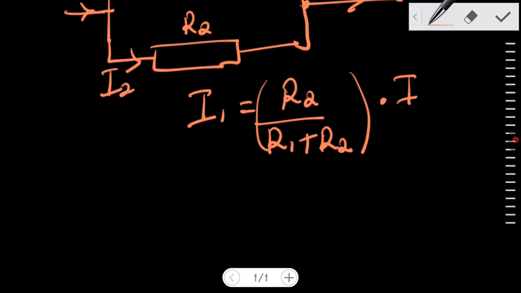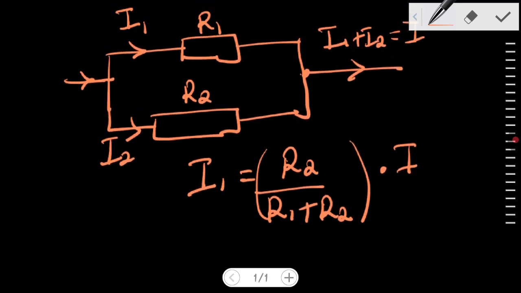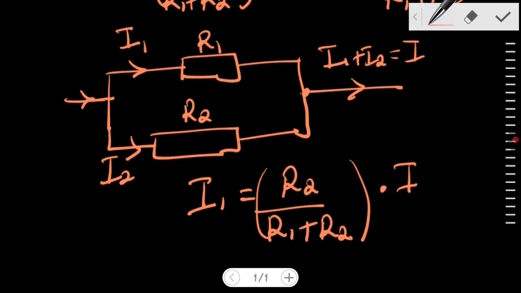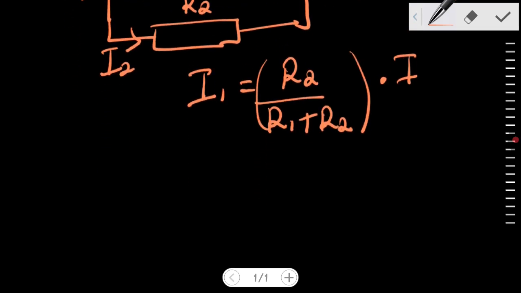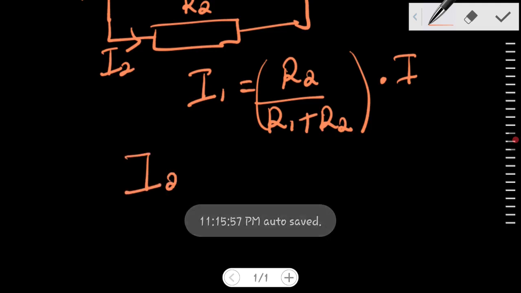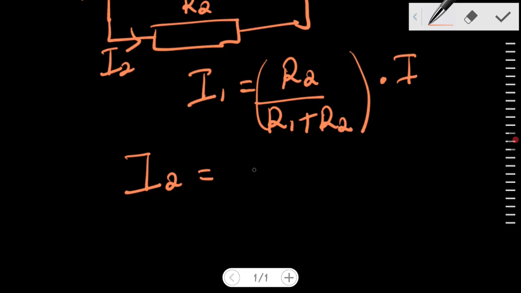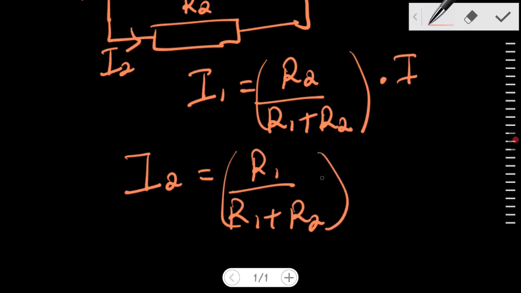And for resistor 2, I2 would be R1 over R1 plus R2, multiplied by the total current.